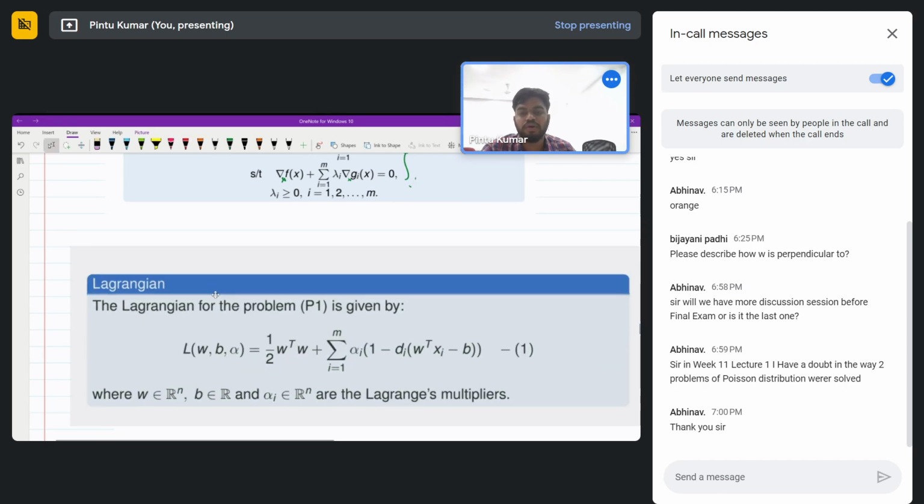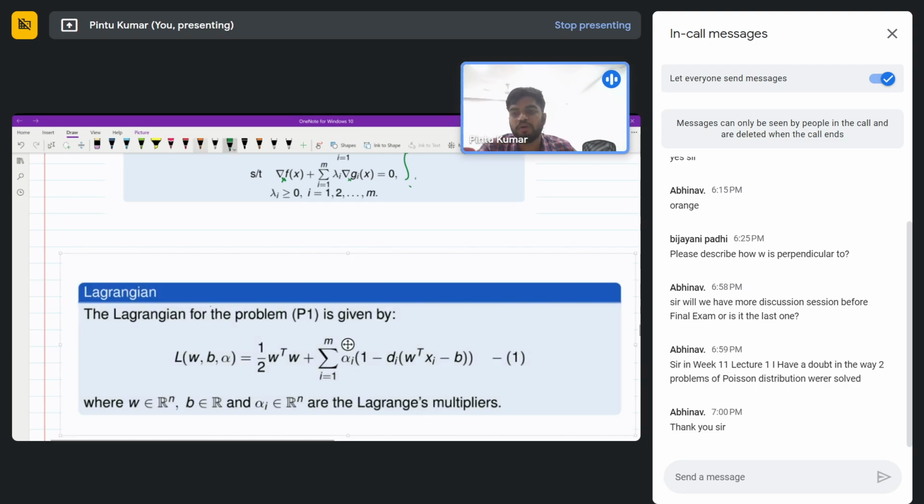Now, if your SVM problem is given as, this is problem P1, minimize half W transpose W subject to, so this is written in this form. Your yi is now replaced by di, right? di times (W transpose xi minus b) is greater than or equal to 1.